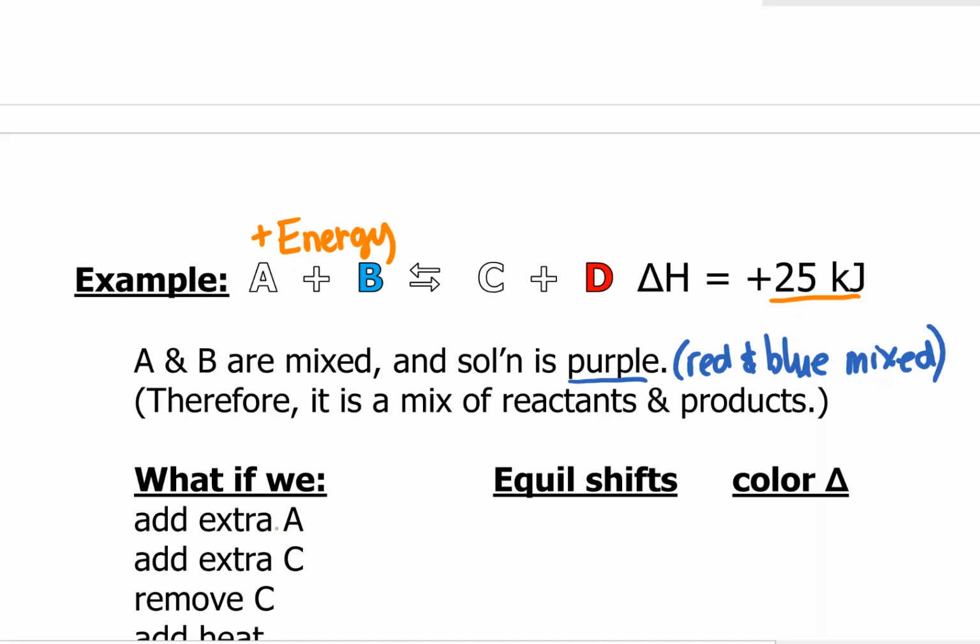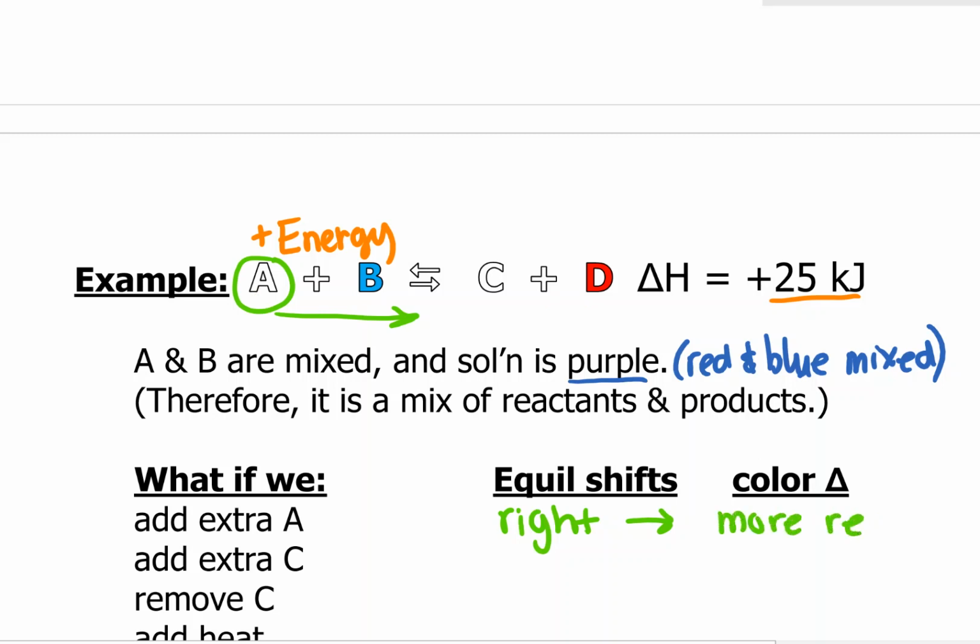If I add extra A, it's going to shift equilibrium to get rid of that, so it'll shift to the right, or this way. And what will the color change be? Well, if equilibrium shifts to the right, we'll get more red.